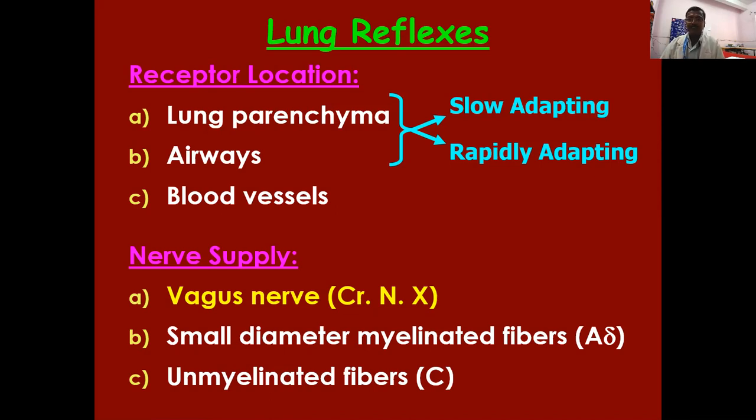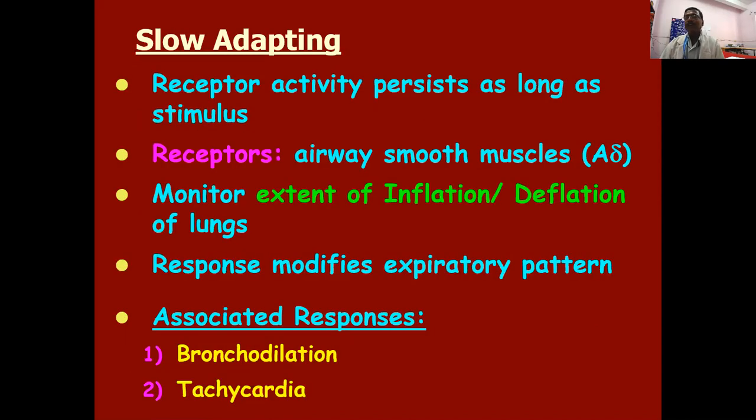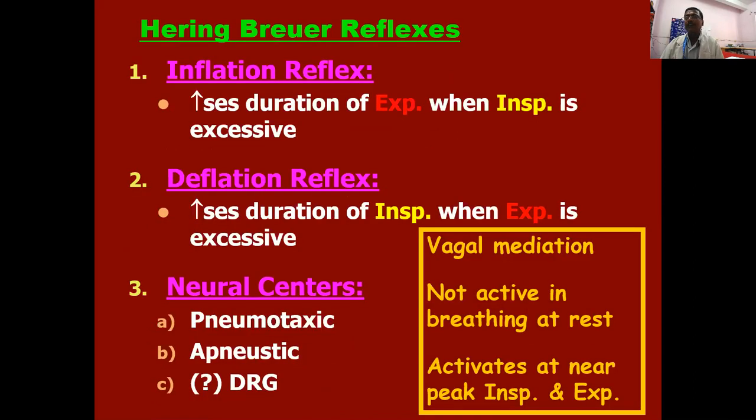They are supplied by the vagus nerve, the 10th nerve, with small diameter myelinated A delta fibers and unmyelinated type C fibers. In slow adapting receptors, activity persists as long as the stimulus. The receptors in airway smooth muscles, A delta, monitor the extent of inflation and deflation of the lungs. The response modifies the expiratory pattern. Associated responses are bronchodilation and tachycardia.